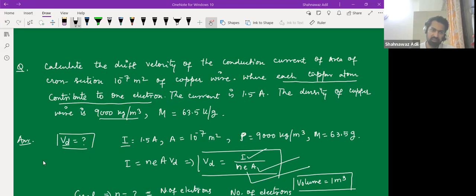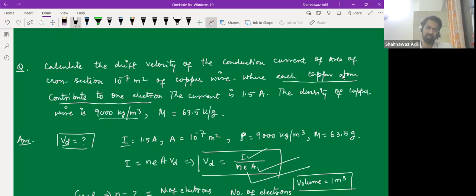But I don't know this charge, right? So I have to use the number of copper atoms. So the number of electrons is equal to the number of copper atoms.